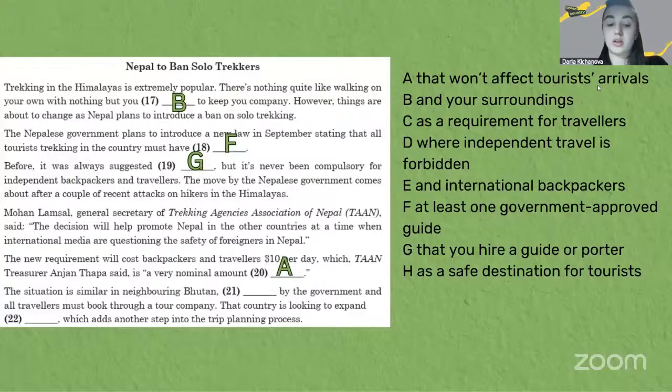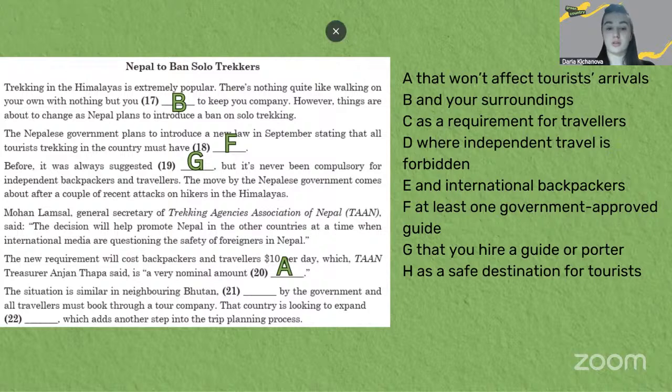You think it? Okay, it's F. That won't affect the tourist arrivals. So it is an affordable thing, and it won't influence arrivals, the number of people who will come here. Okay.